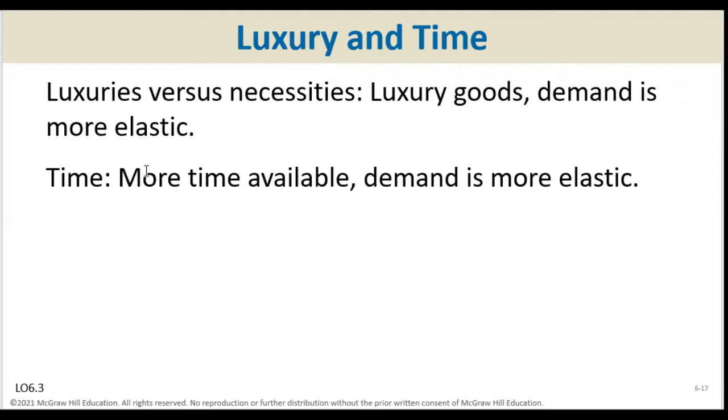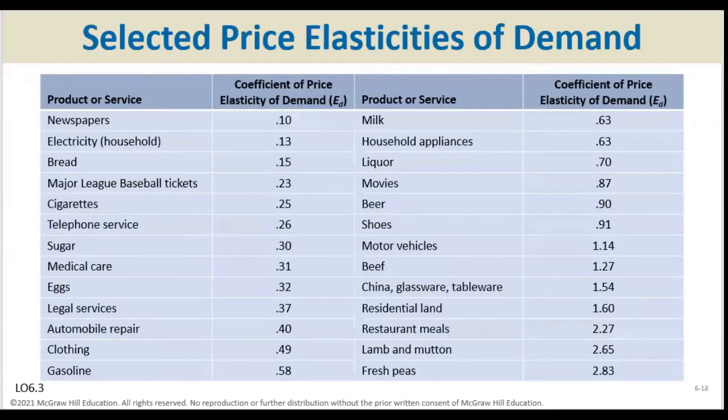If you go on your own vacation, you tend to shop around because you have time on your side, so you are more sensitive to the price. So these are some of the elasticities of goods in this table.